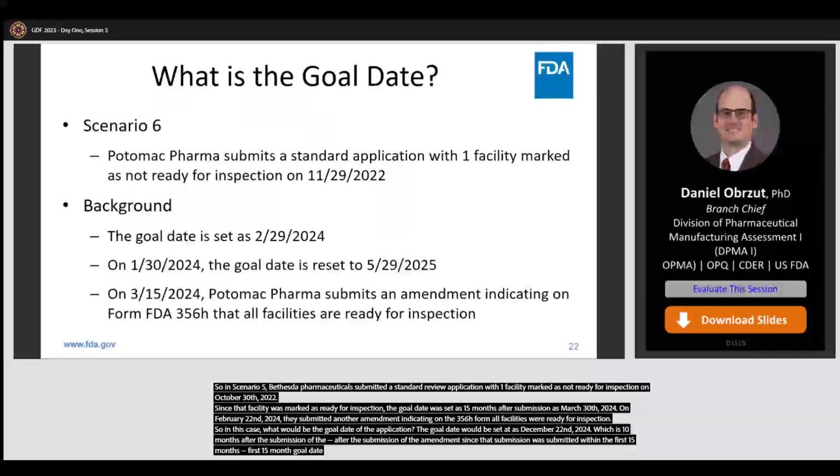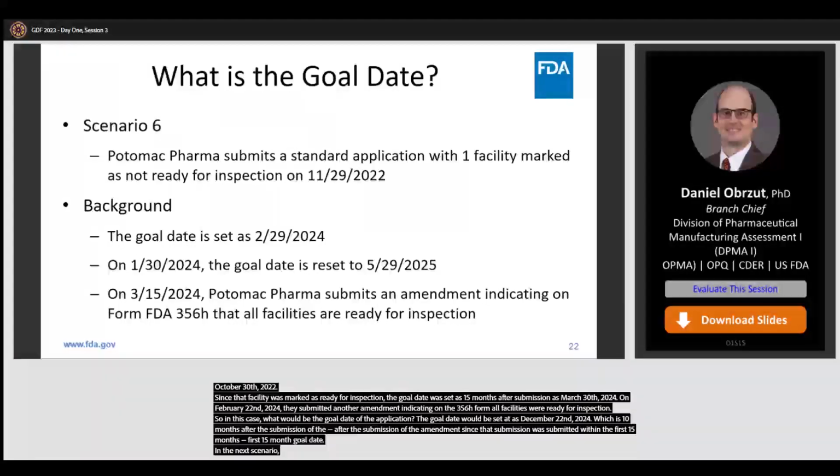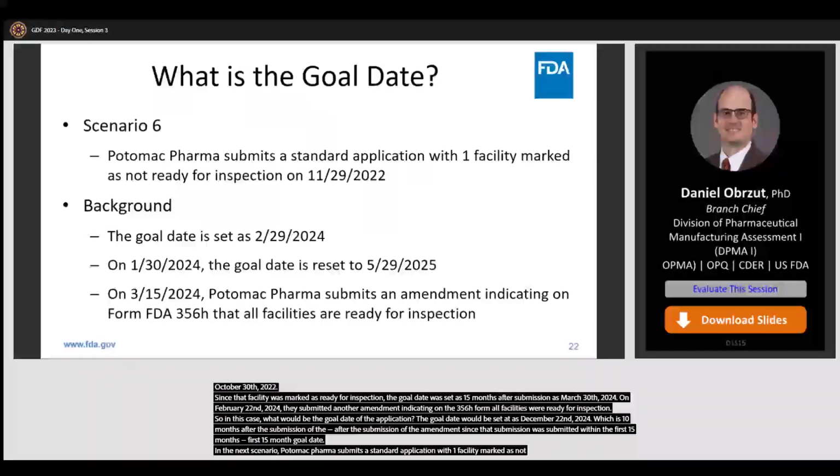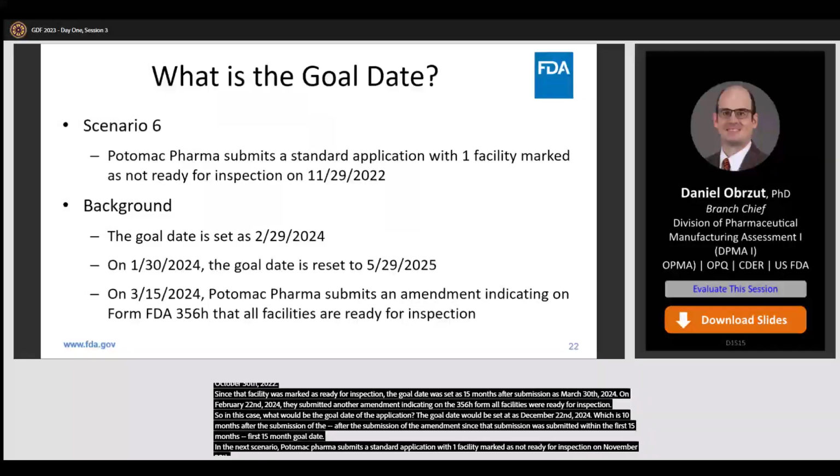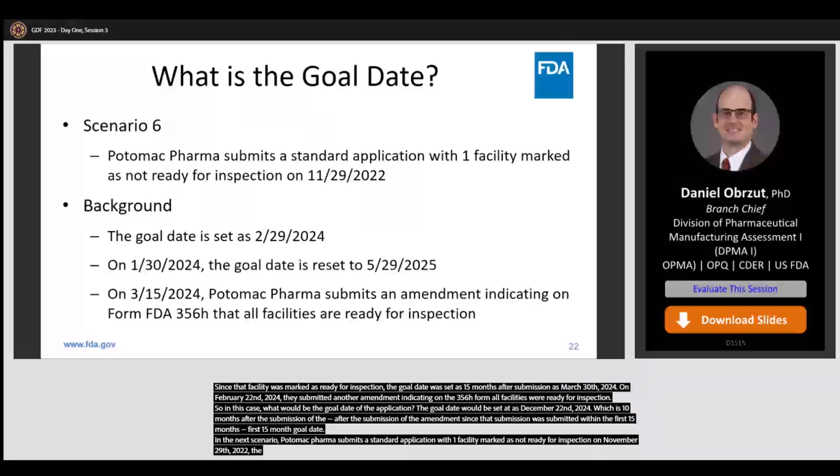In the next scenario, Potomac Pharma submits a standard application with one facility marked as not ready for inspection on November 29, 2022. The goal date, therefore, was set as 15 months from that submission date, February 29th, 2024.